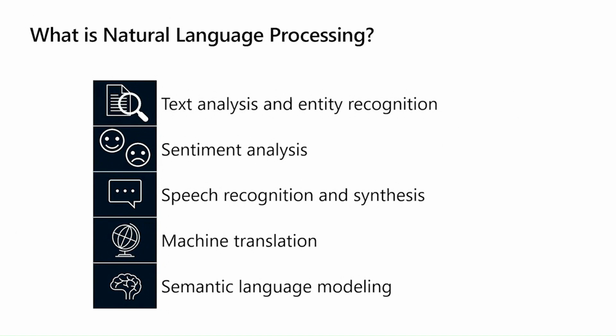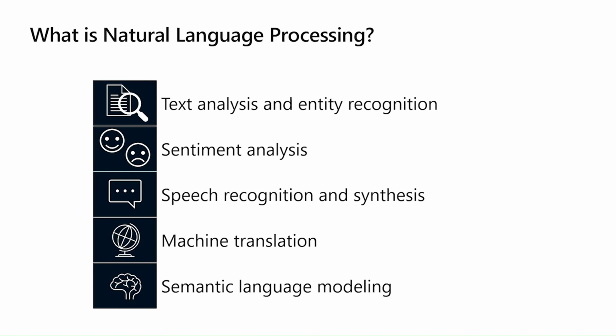Second, we have sentiment analysis. This is a common form of text analysis that calculates a score indicating how positive or negative a text extract is. This service can evaluate text and return sentiment scores and labels for each sentence. This capability is useful for detecting positive and negative sentiment in social media, customer reviews, discussion forums, and many other avenues.